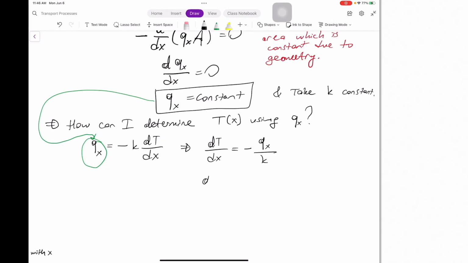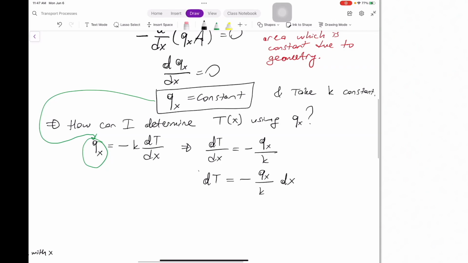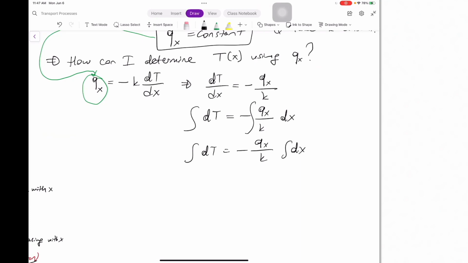So you rearrange this equation to find dT is equal to minus some constant qx over k constant times dx. And you take the integral of both sides. But since these terms are constants, you can take them out of the integral if you like. And then you find integral dT is equal to minus qx over k integral dx. And you say that at x is equal to 0, my temperature is T hot, right?